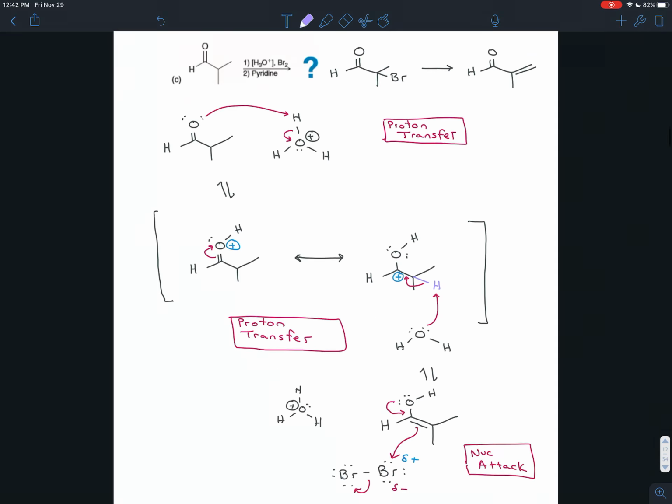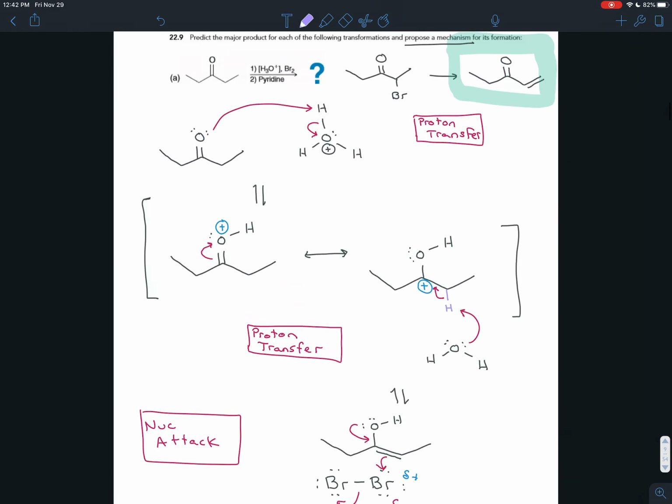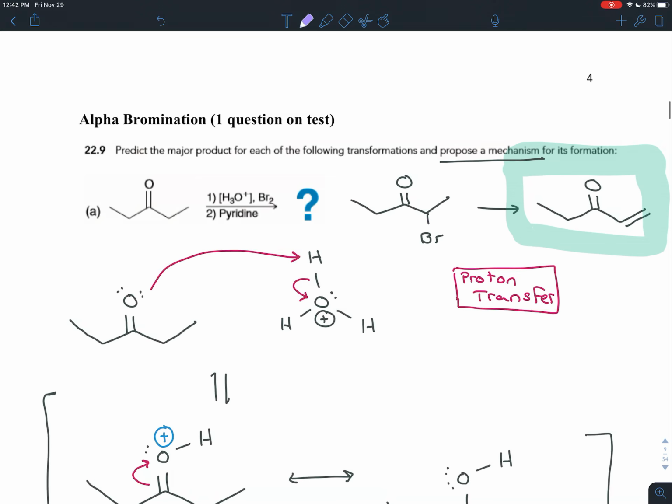So in this exercise, we drew the mechanism several times. We combined the mechanism we learned last time for how an acid catalyst can turn a ketone into an enol, and how we used the significance of that, which is that it turns the alpha carbon into a nucleophile, and reacted it with an electrophile, a bromine molecule, and that put a bromine on the alpha position.